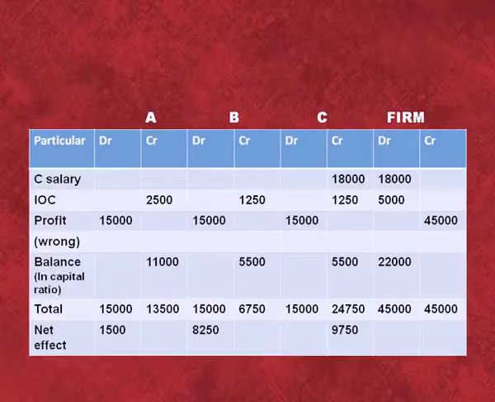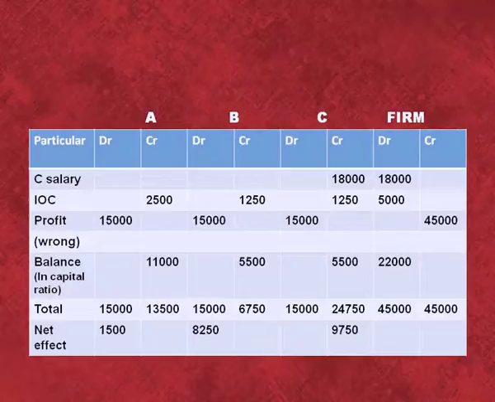On 25,000 at 5% is 1250, and for C also 25,000 into 5%, that is again 1250. We have to provide interest on capital to all the partners. That is why we have mentioned the amount in the credit column of A, B and C. Again we have to total this amount and we will put the amount in the debit column of the firm.